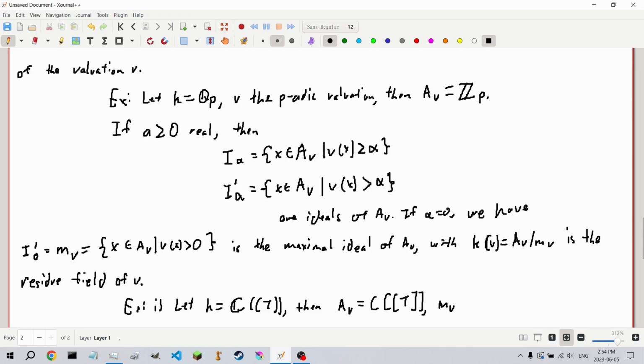Our maximal ideal is going to be generated by T. And our residue field, well, this is the formal power series, but we're modding out by T, so we just recover our base field, which is the complex numbers in this case.